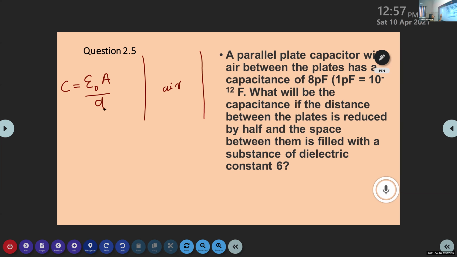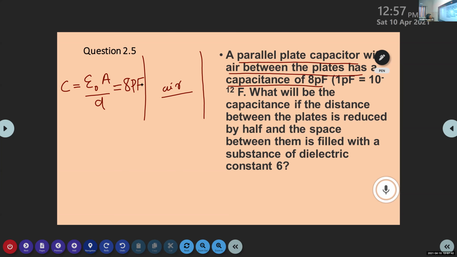Okay. So here, initially a parallel plate capacitor with air between the plates has a capacitance of 8 picofarad. It is given. And what is the question?